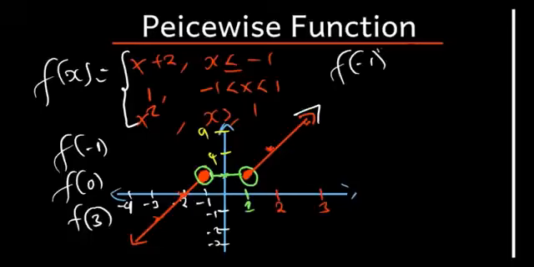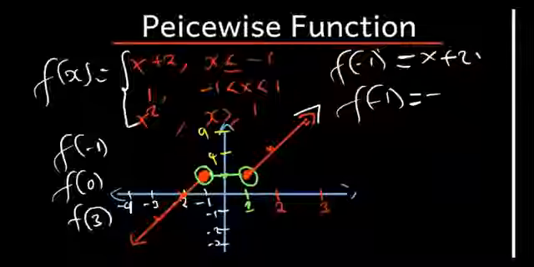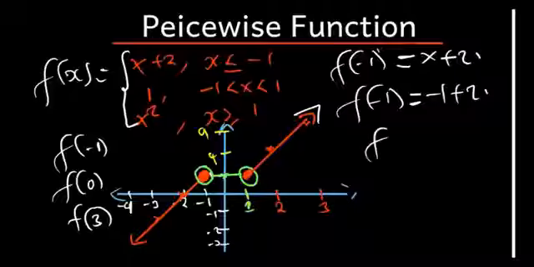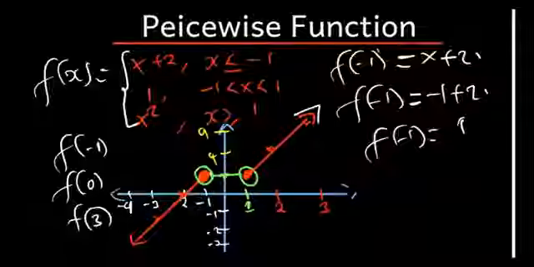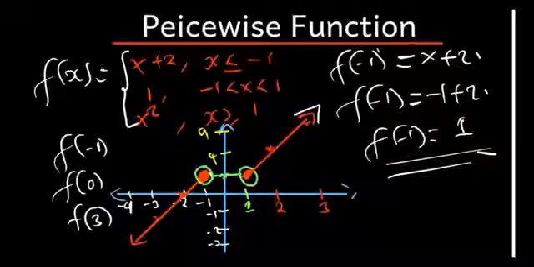The first equation says that x is less than or equal to negative 1, meaning that negative 1 is included. So I'm going to get that equation, x plus 2. So f of negative 1 is going to be negative 1 plus 2, which gives me 1. So that is the answer for part 1. Okay, cool.